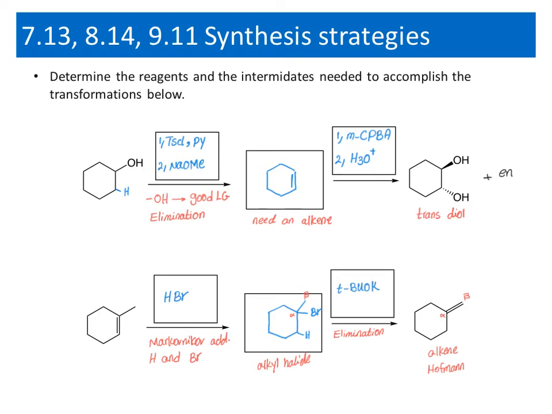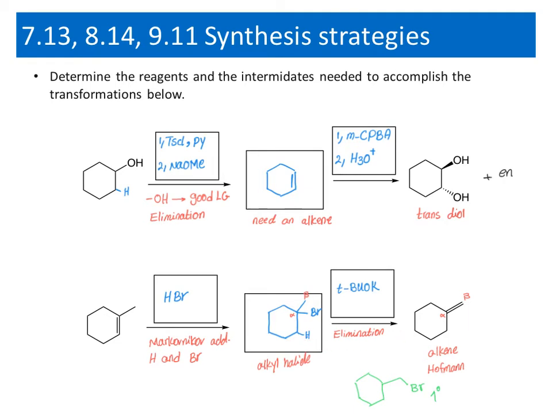Now a question that can be asked here is, why did I take this carbon as alpha and this one as beta but not in reverse order? So if I do that, meaning that I take this one as alpha and this one as beta, I would get this alkyl halide, which is a primary alkyl halide, and I know the process here is an elimination process.